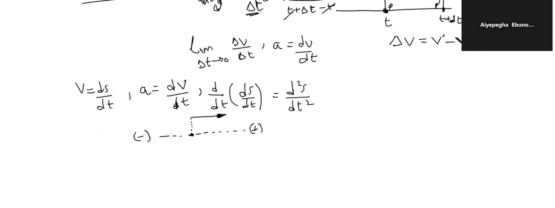But if a car is reducing its speed, you know what I mean, it is possible that you're moving towards this direction and you are reducing your speed, then acceleration can be negative. Acceleration can be negative, same thing that you used to call deceleration.